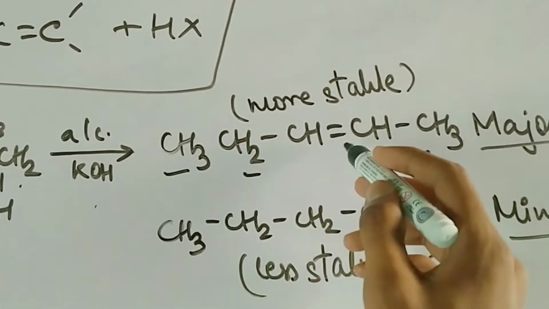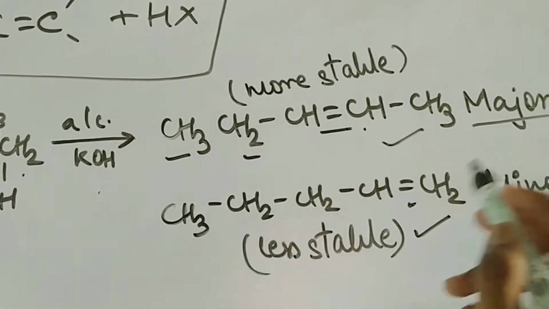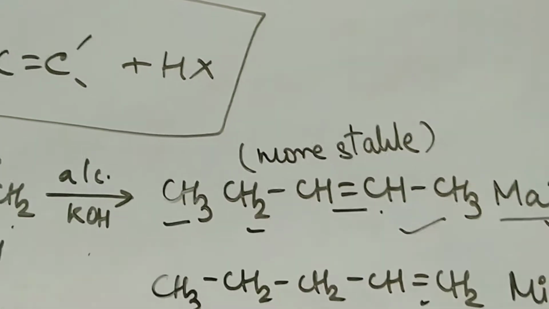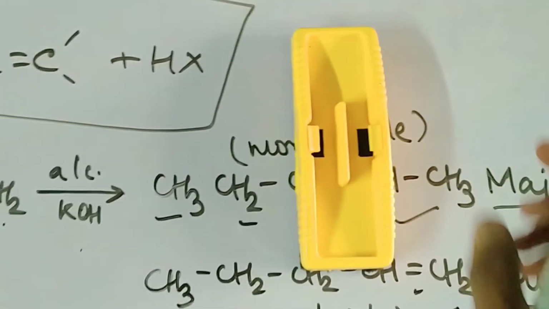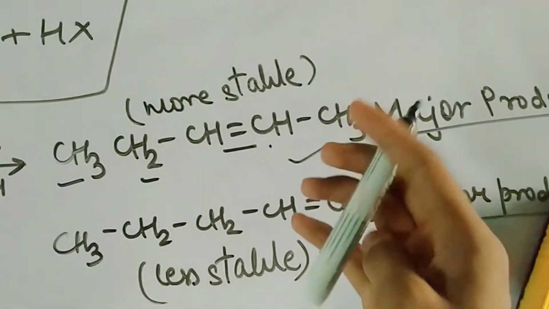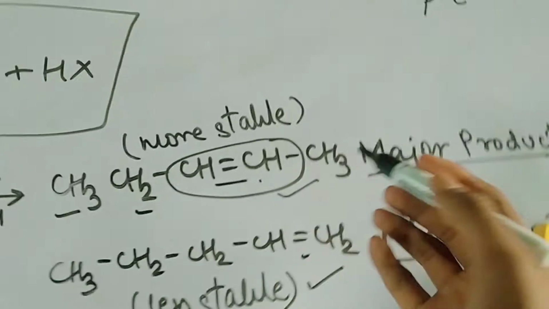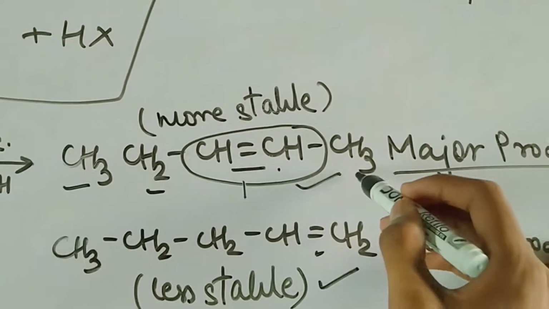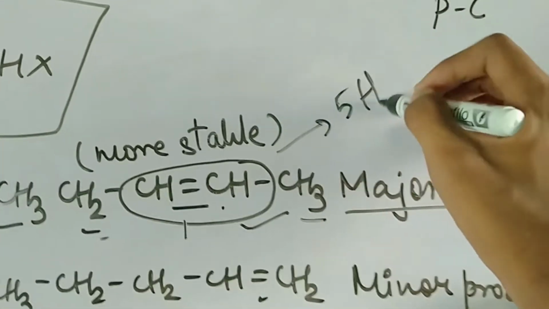Here the double bond is on the second carbon, and here the double bond is on the first carbon. The stability is measured by hiding this bond and circling the double bond: the more hydrogens connected around it, the more stable. Circling this, we have 3 hydrogens and 2 hydrogens, so 5 hydrogens connected.